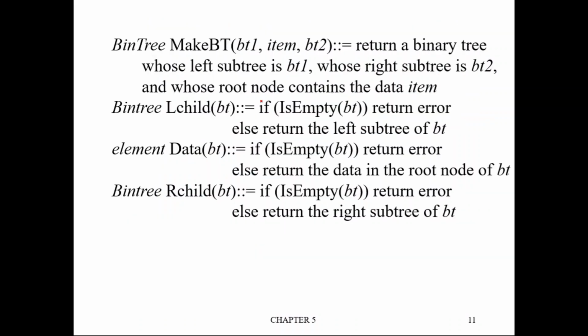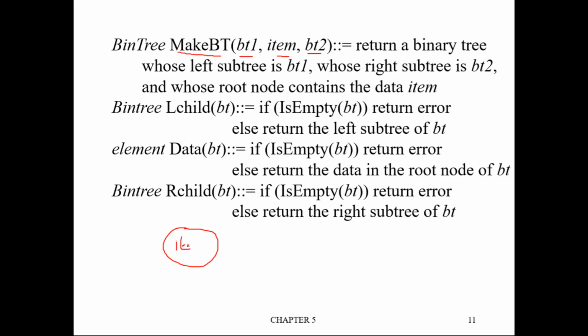Next, makeBinaryTree, which takes three arguments: BT1, item and BT2. It will create a binary tree with a node as the root node, and the root node's data part will be item.